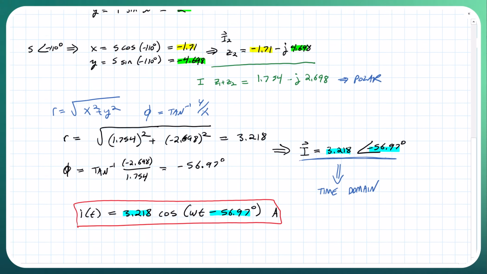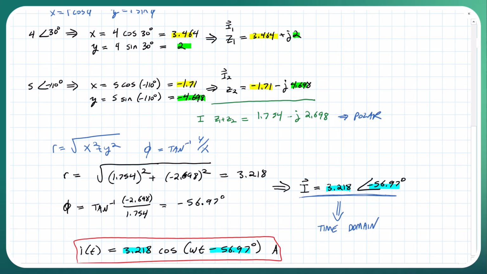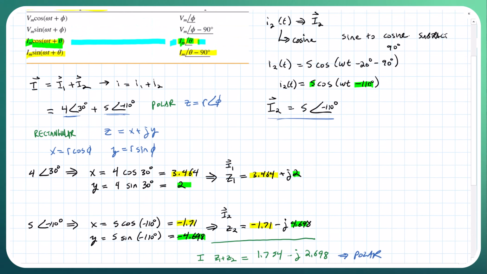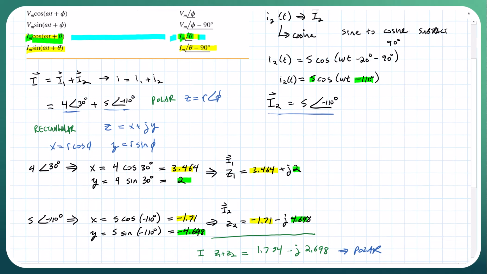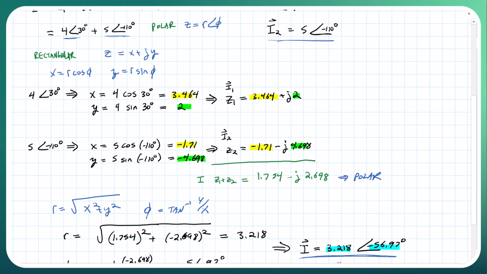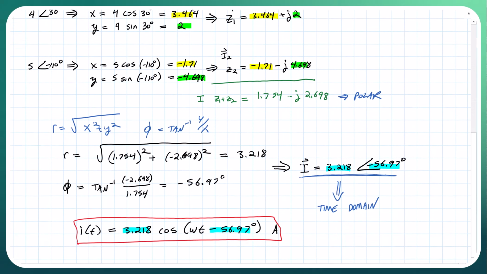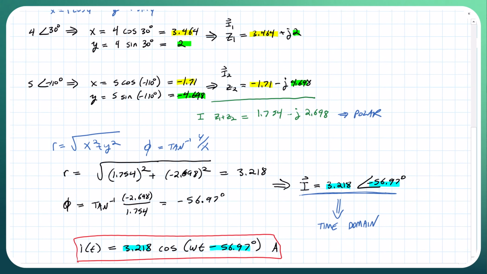Okay, so although this looked like a tedious process and a lot to do just to add I1 plus I2, it's a lot simpler than the other route. Again, you see the math is very simple, nothing too complex. It's just a matter of following the proper steps to get to the sum of the current.